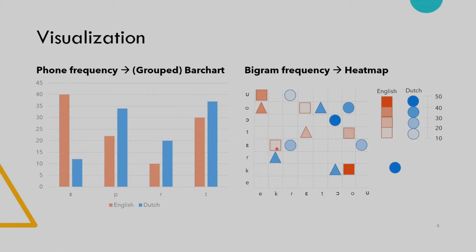We use squares to indicate that the bigram occurs only in the first selected language, and we use circles to indicate that the bigram occurs only in the second selected language. Then we use triangles to indicate that the bigram occurs in both languages. The color is used to categorize the different languages, and we use saturation to indicate the magnitude of the frequency.